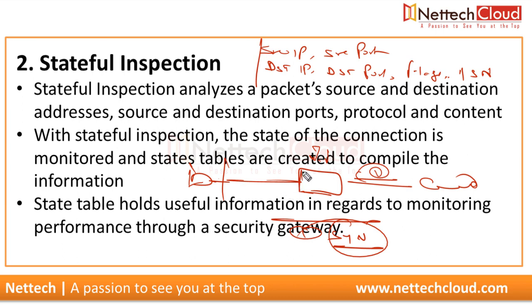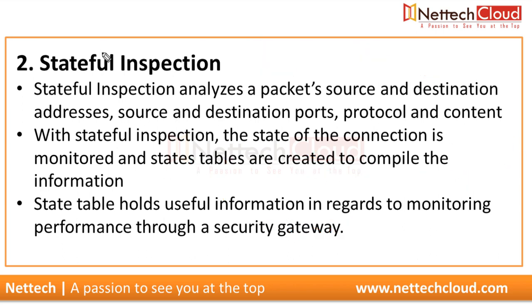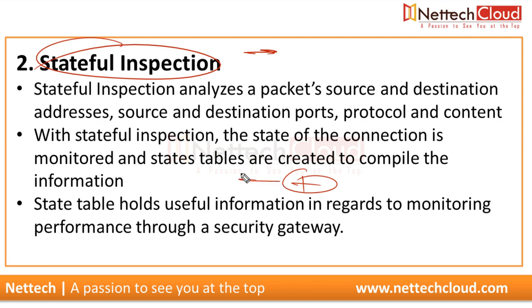Even for UDP based applications, source and destination IP and source and destination ports are maintained here in the connection state table. So stateful inspection means first maintaining a connection state table. The connection state is known to the firewall now. It's not like the stateless behavior, I mean routing the traffic and then just forgetting everything.